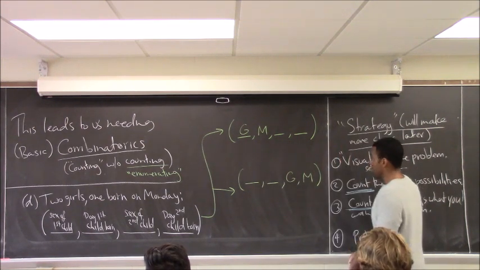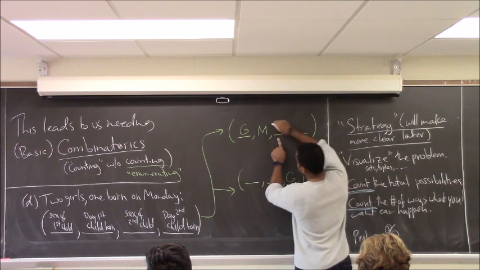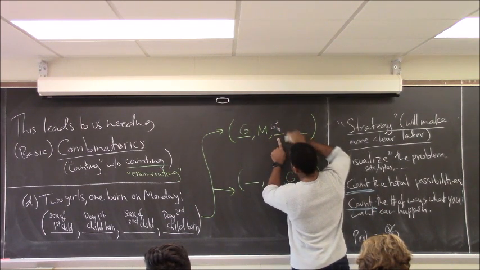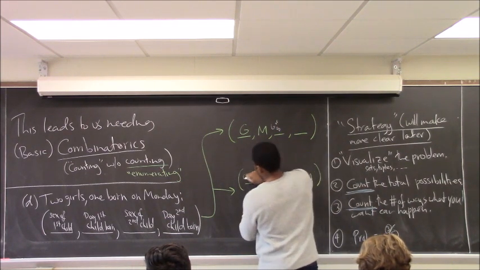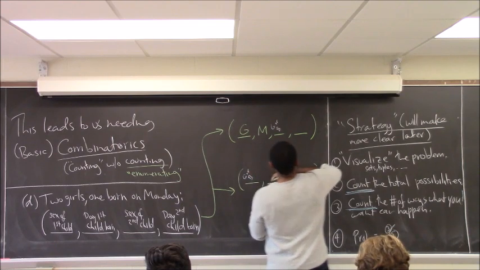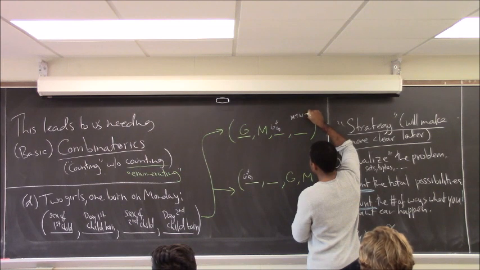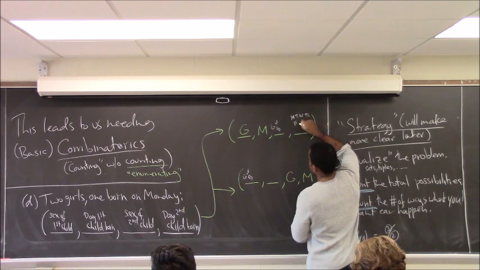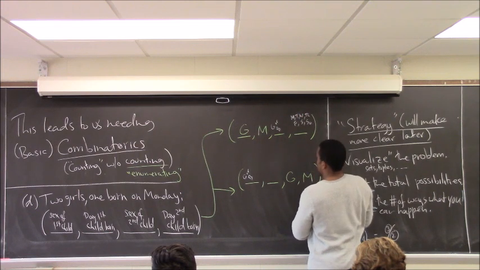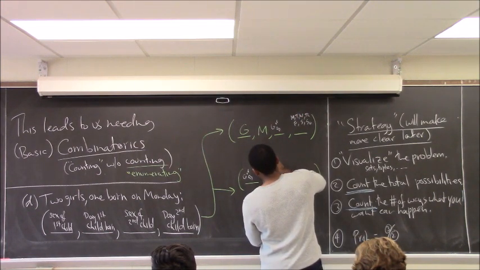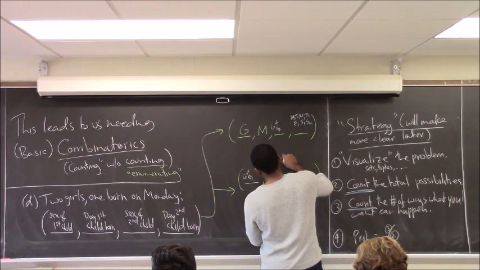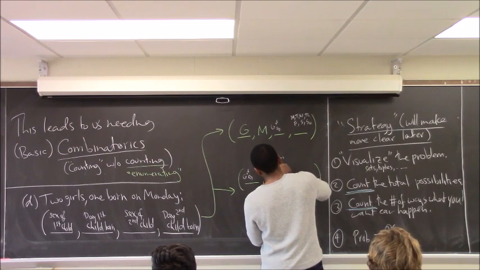And now you would have 2 other possibilities for here: G or B. And here you'd have G or B. Here you have 7 possibilities: Monday, Tuesday, Wednesday, Thursday, Friday, Saturday, or Sunday. And here you have Monday through Sunday.